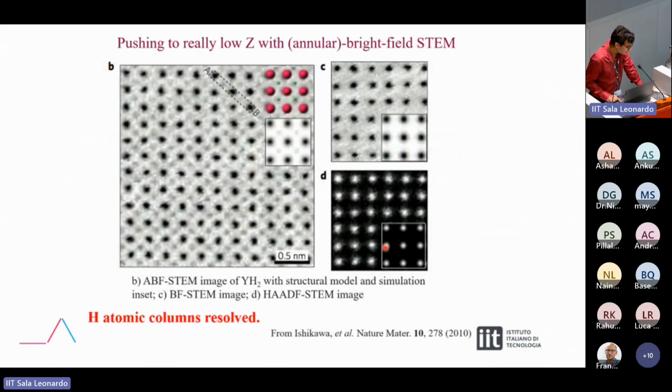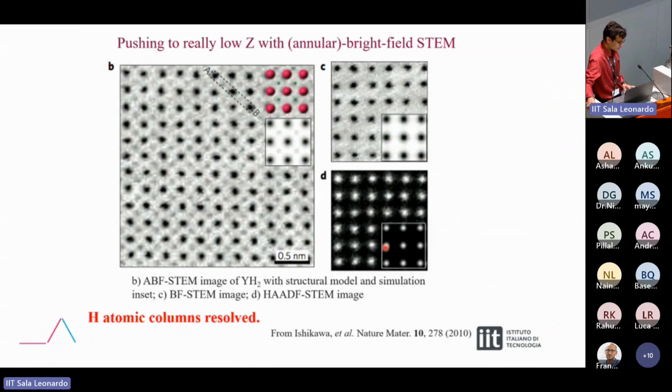It was an accident that people somewhat miscalculated the inner diameter of the annular detector, and somehow they collected a part from the direct beam, which is just on the optic axis. And then they were surprised.